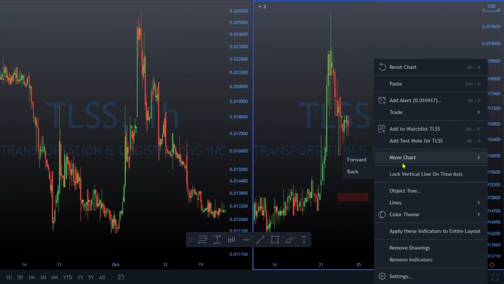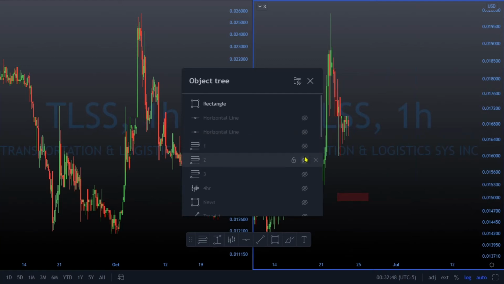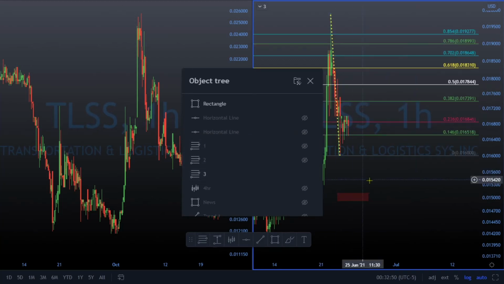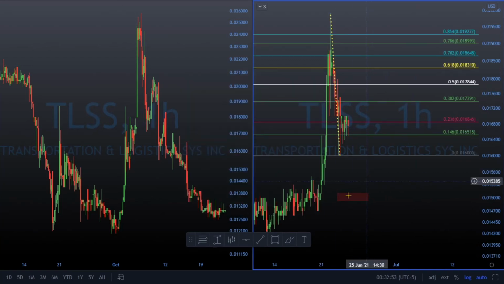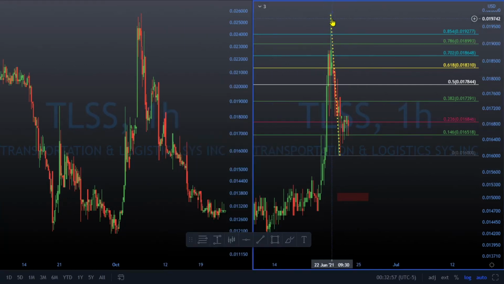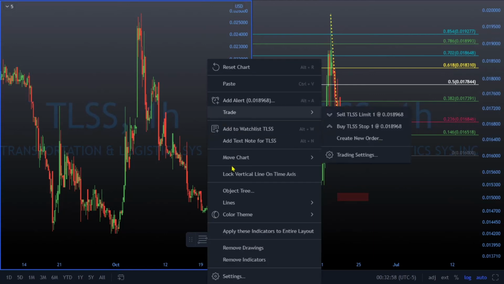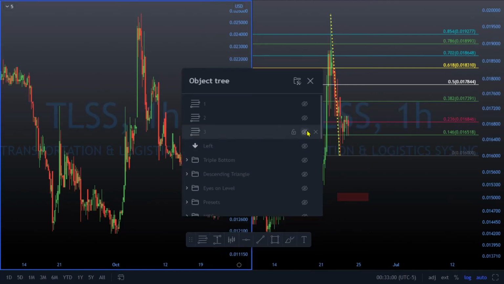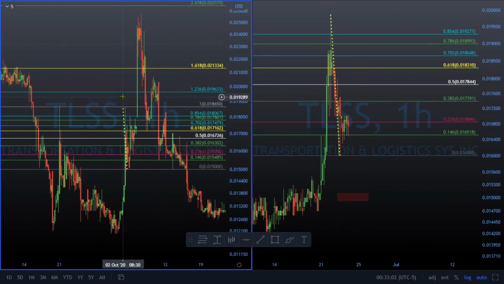But then there's this other option, right? There's this other scenario being maybe this move here is just the top of this stutter here, right?